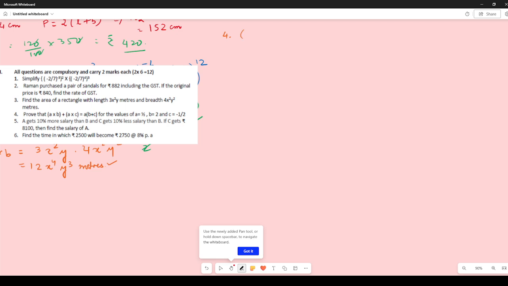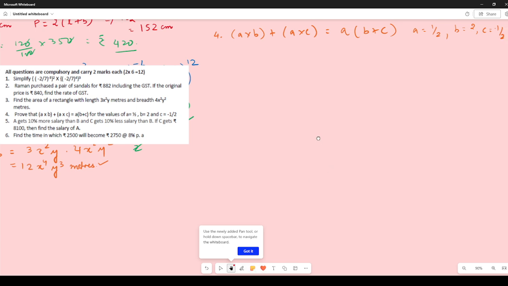So prove that A into B plus A into C is equal to A into B plus C for the values where A is equal to 1 by 2, B is equal to 2 and C is equal to minus 1 by 2. Okay, let us now substitute the values and see how it works.